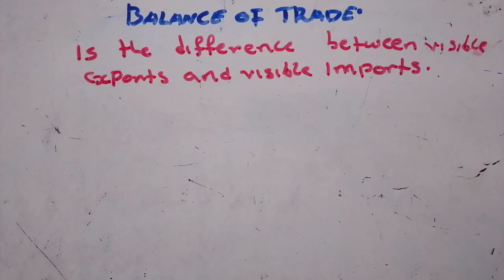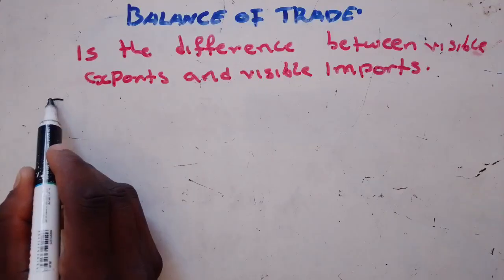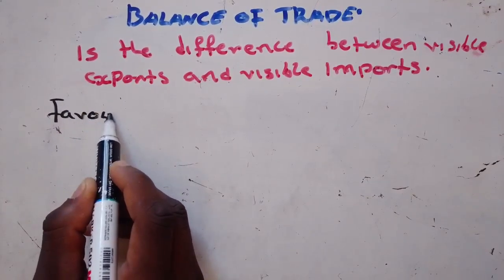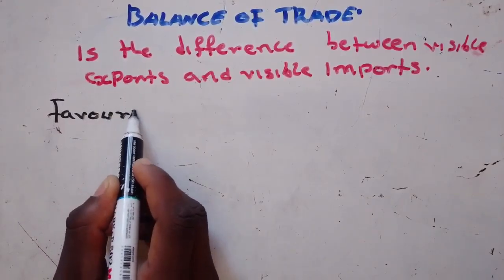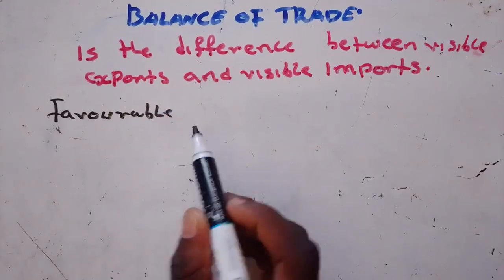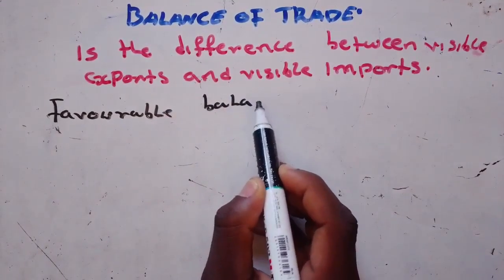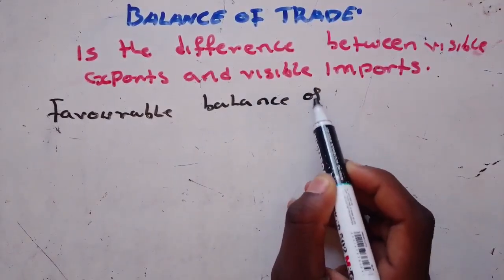So if visible export exceeds visible import, a country is said to have a favorable balance of trade.